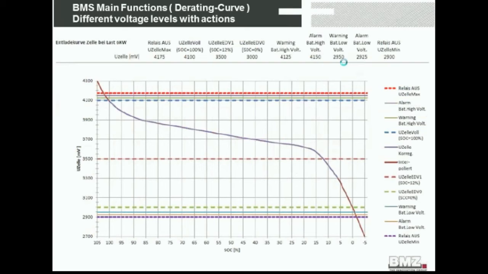I put in this chart to give you an impression, to give you a feeling. When we talk about this battery, we read before that the nominal voltage is 55.5 volts, so we can charge up to 60 volts.